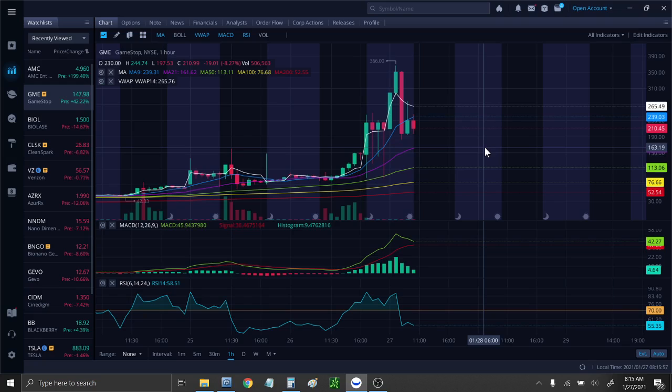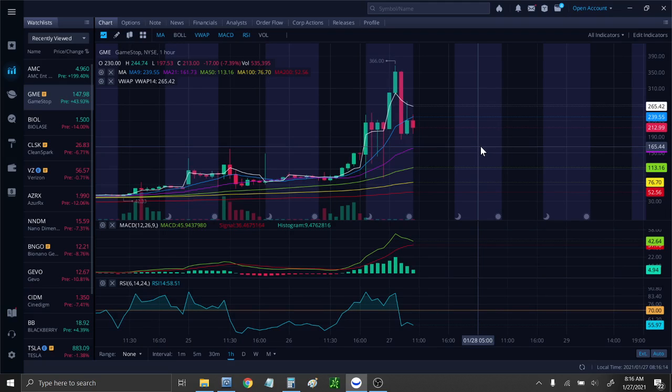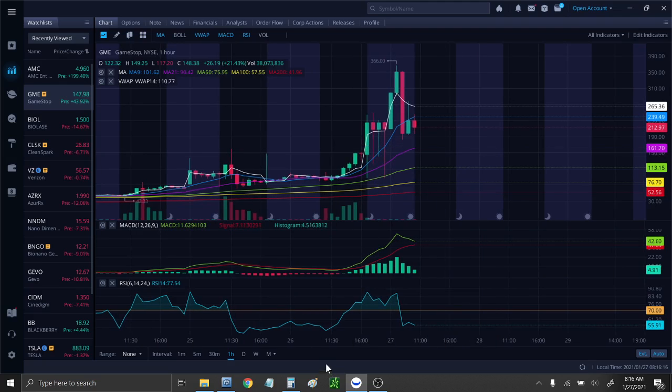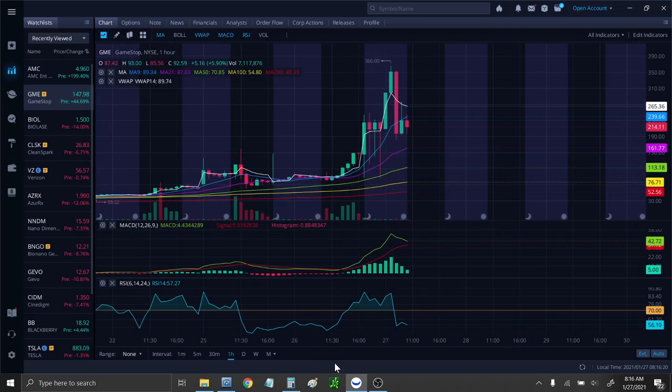I've heard as rumor that some places, like Melvin, some kind of brokerage or funds that do shorting, probably are going to end up going bankrupt. So we'll have to see how that plays out, because this is quite the run.